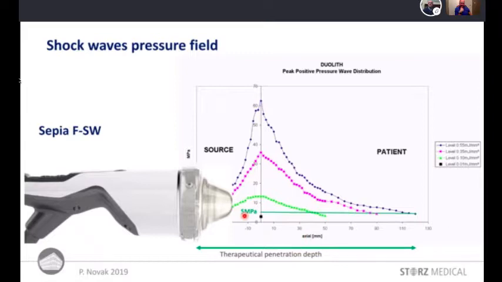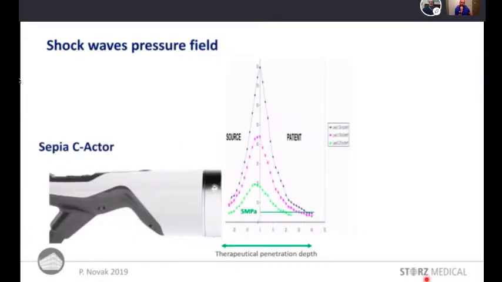It's interesting here also, if you look at this 5 megapascal level, you can see that in the case of this handpiece, at maximum setting, of course, you can reach a depth of more than 10 centimeters, with accordingly lower intensity compared to the maximum. Now you see here the other handpiece used with Dualis, the C-actor.